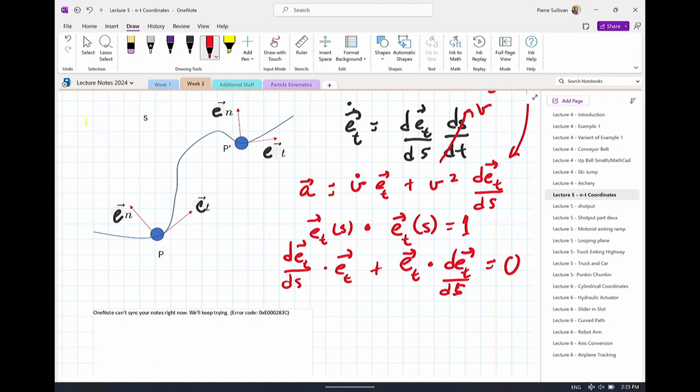So if I take the d ds of the upper equation and I do the chain rule across there, I get this relationship. So dEt ds dotted with Et plus Et dotted with dEt ds is equal to 0 because it's equal to 1. So as a function, it never changes.